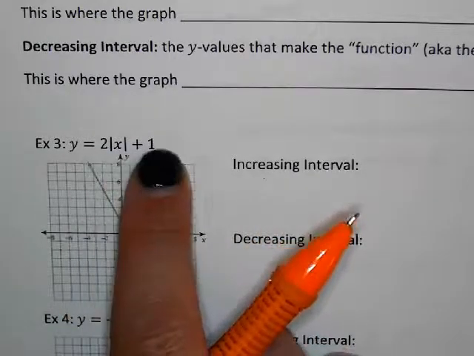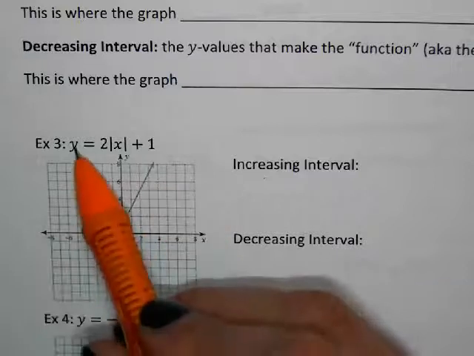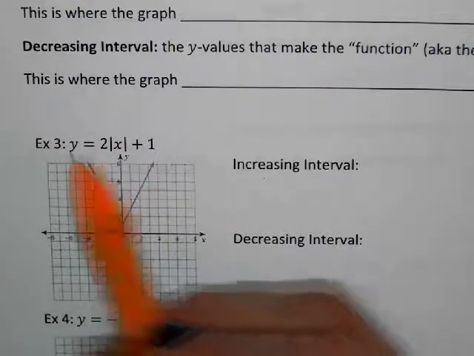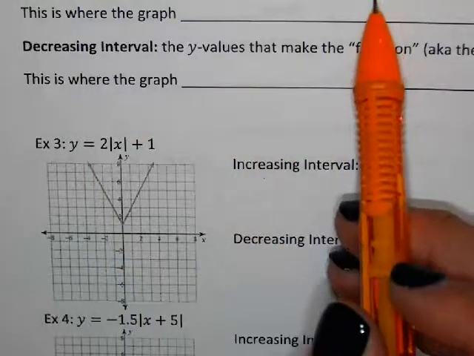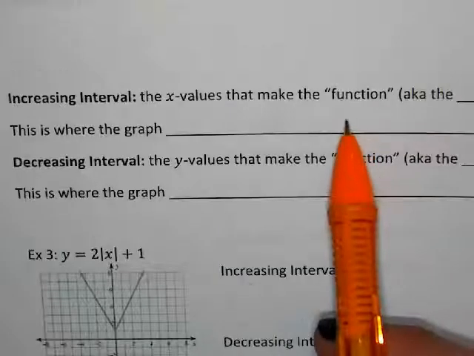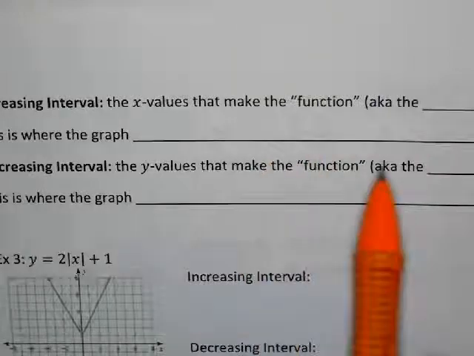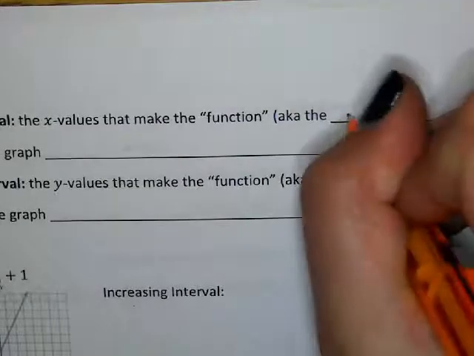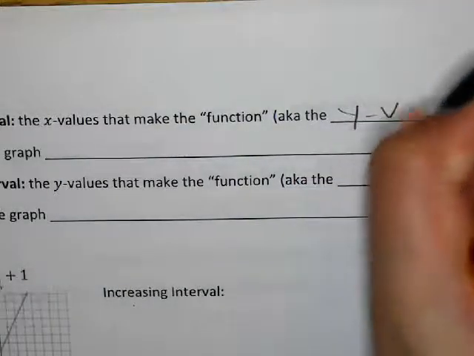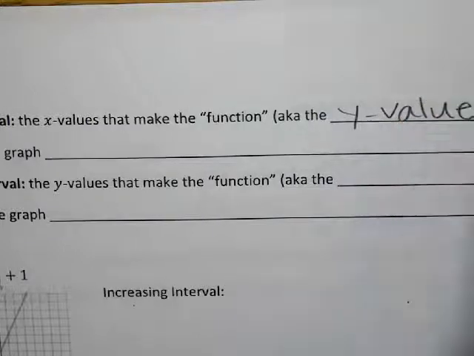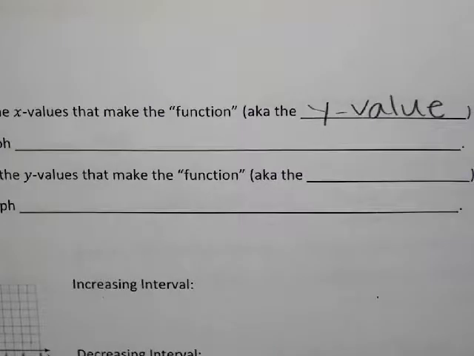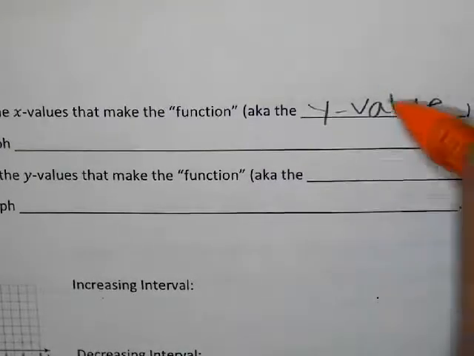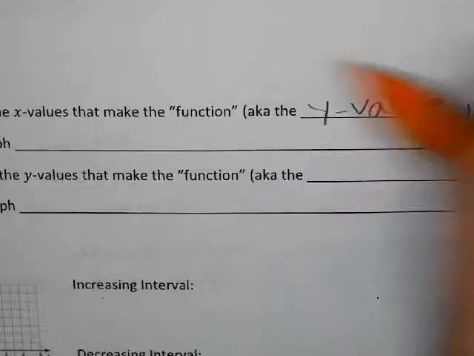So when we read this, we could say the function or we could say y. That's because the word function is the same as just the y value. The function and y mean the same thing, aka the y value. So when they ask you a question about the function, they're really just asking you a question about y, which is kind of interesting. So these are synonyms. There's an English word for you. Synonyms, they're the same thing.